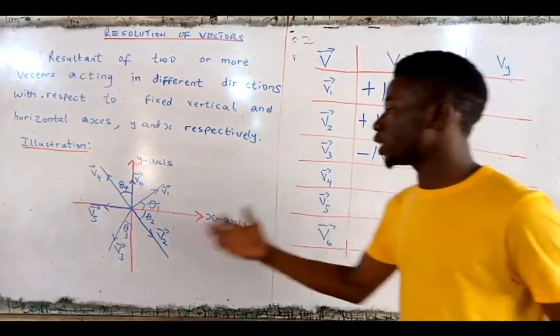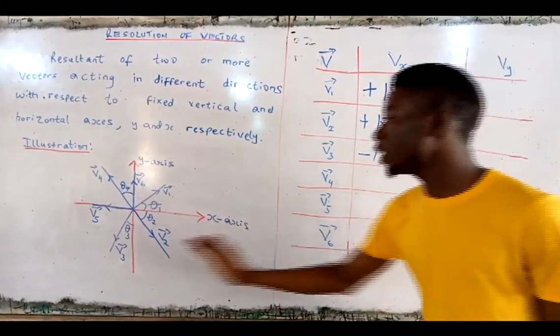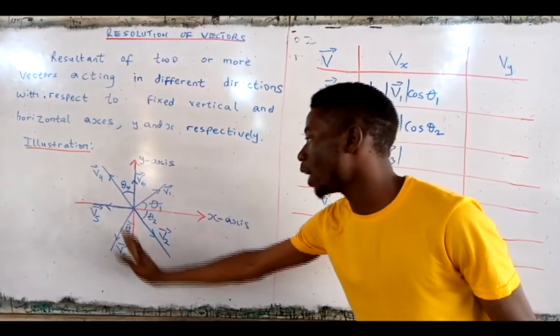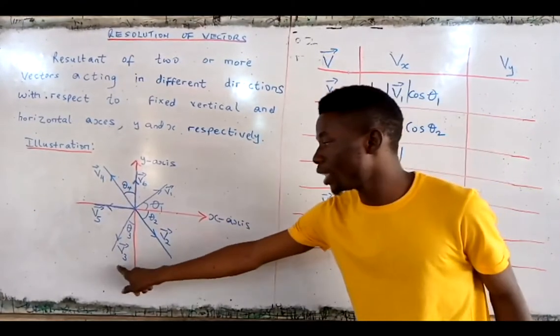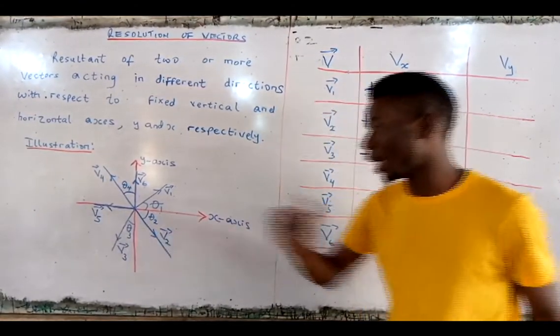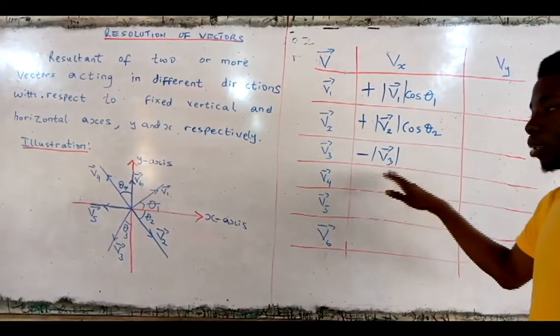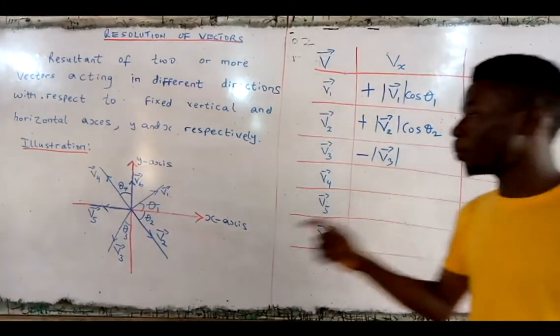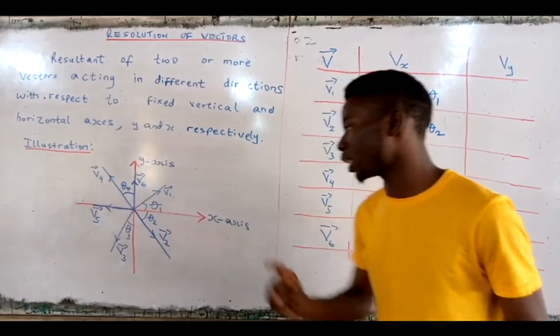Then in the case of the angle, θ3 is the angle that v3 is making with one of the axes, y or x. But in this case, vector v3 is making the angle θ3 with the y-axis, whereas I'm dealing with the x-axis presently. This implies that I will not make use of cosine of the angle θ3.